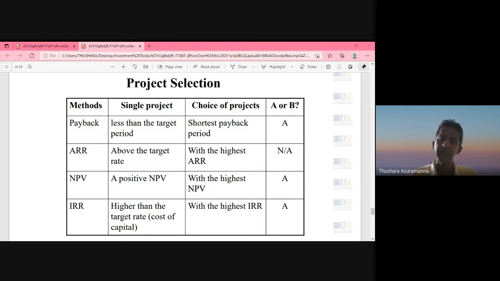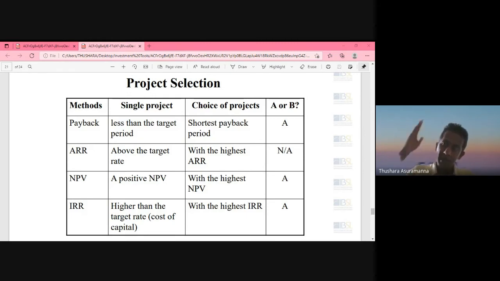If it's a single project, you compare with your own payback period.